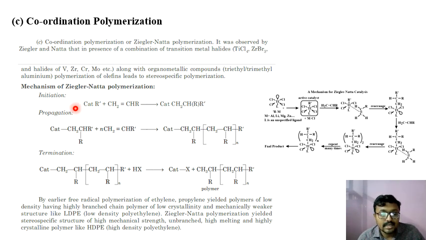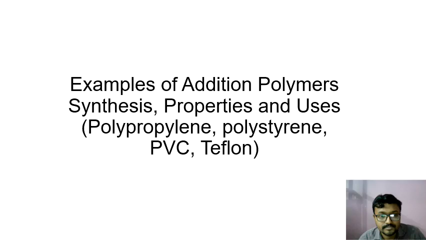So when we use a catalyst, it will be called coordination polymerization reaction, because the alkene molecule, meaning the double bond, coordinates with the catalyst. Because of that, it is called catalytic or coordination polymerization reaction. Okay, so these are the three important mechanisms of polymerization reaction.